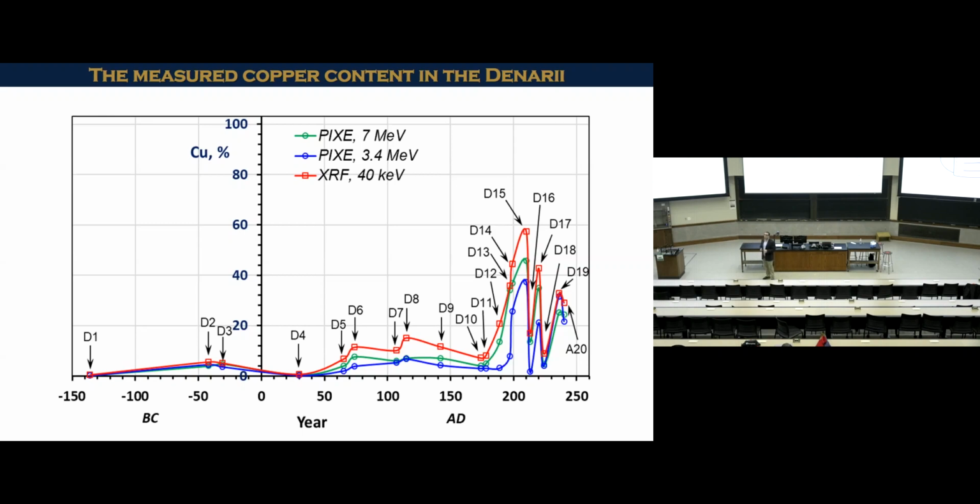But on the surface, we have much less copper. So it means that they had some sort of technique. They made this coin which is copper rich inside and silver rich outside.